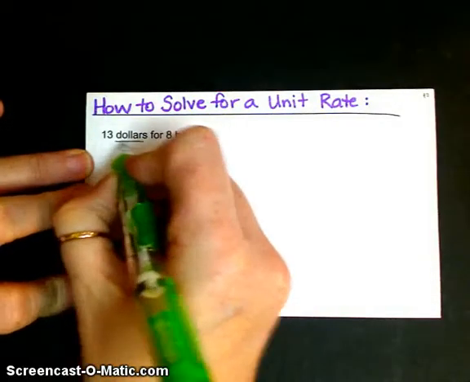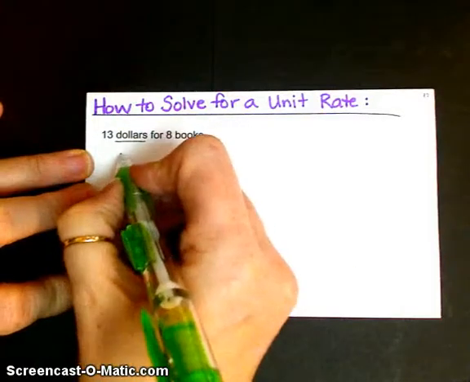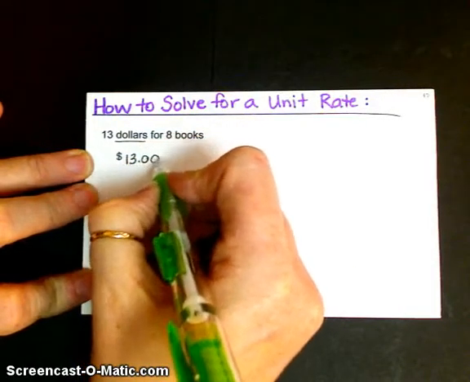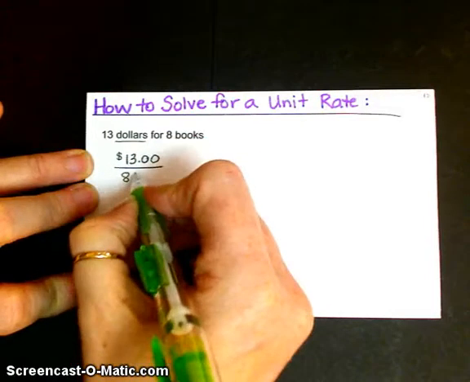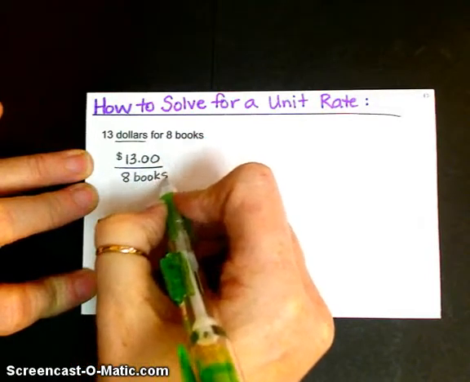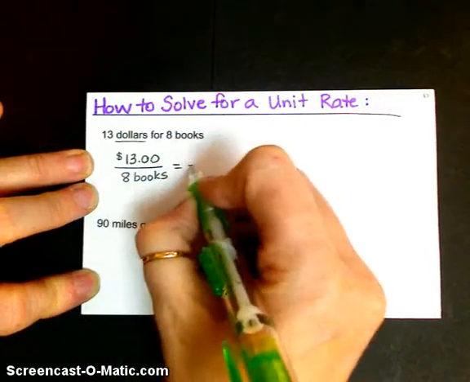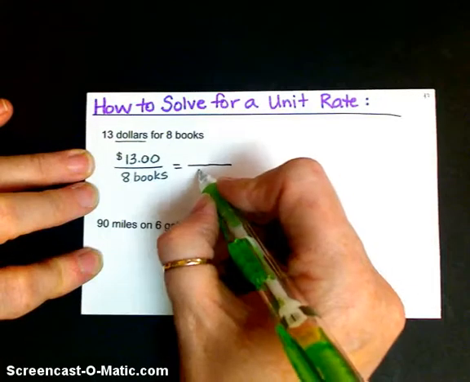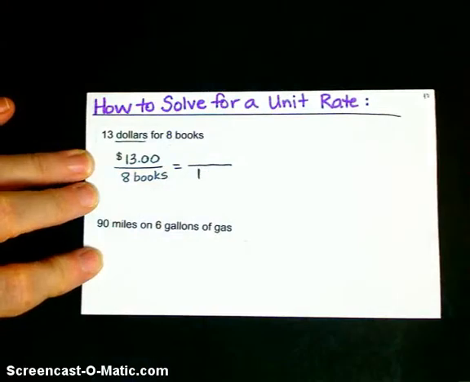Well, we have an element of money, so that has to go on top. $13 on top over 8 books. This is the rest of our skeleton proportion to where in order to find our unit rate, we need a 1 on bottom over here.